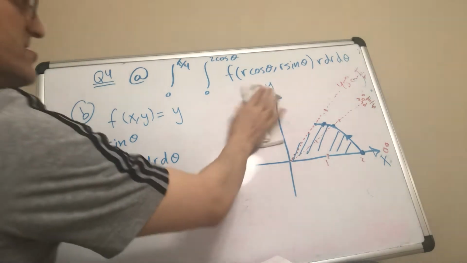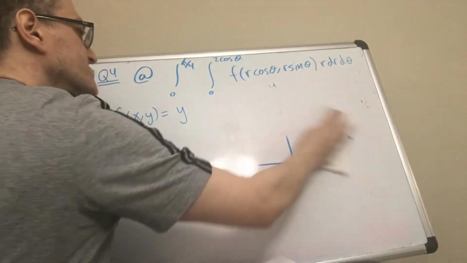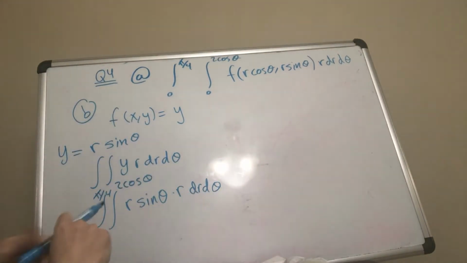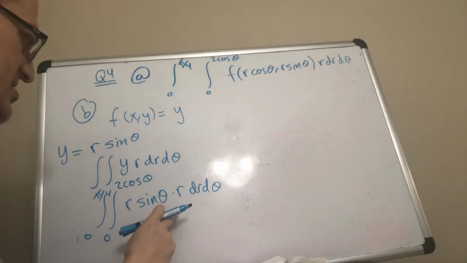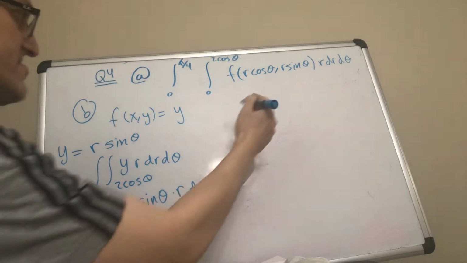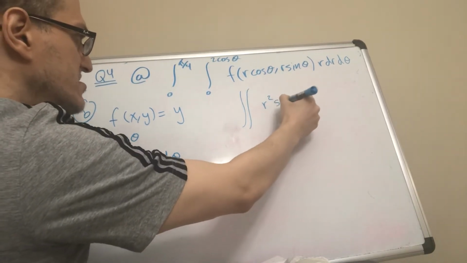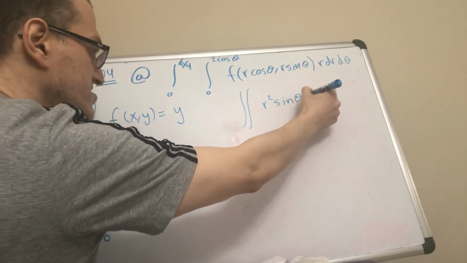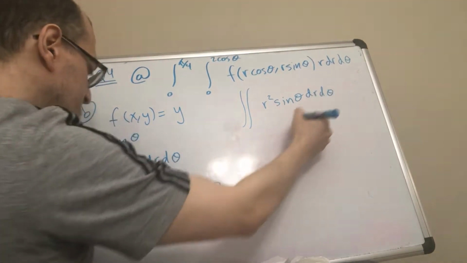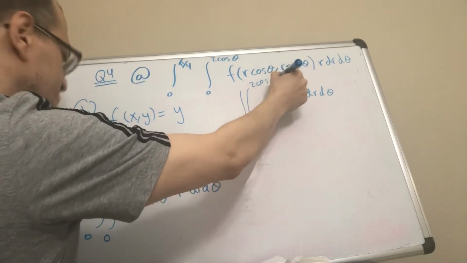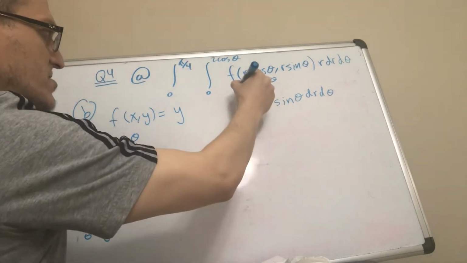So it's r squared sine theta dr d theta.